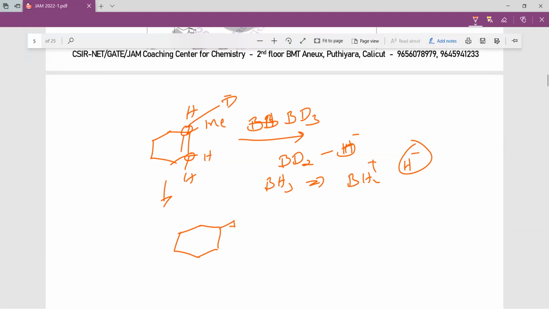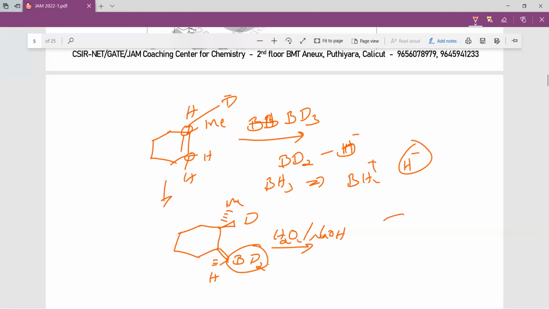It's a syn addition, meaning both the reagents will add from the same side. So deuterium here and BD2 here. So this will be the product. Next, H2O2 NaOH. What happened is this will convert this BD2 to OH.